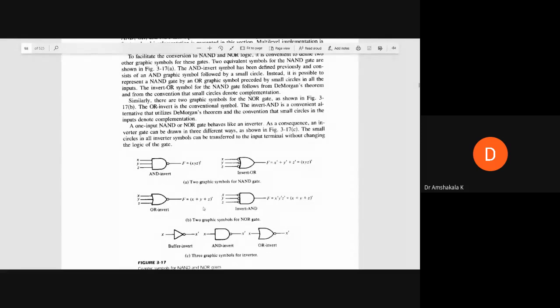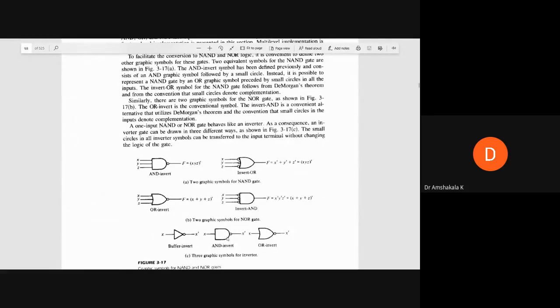Okay. So the invert operation is X dash; this is a NOT gate. This inversion operation can be realized using NAND as well as NOR. If I give a single input to a NAND gate, this is nothing but X dot X the whole dash, which is X dash. X dot X is always X, and what we get as output is X dash.